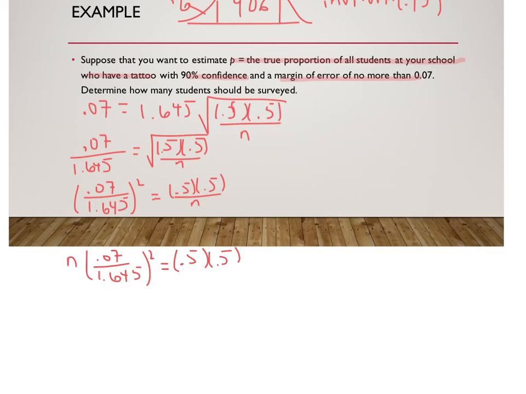And then you're going to divide by 0.07 divided by 1.645, quantity squared.